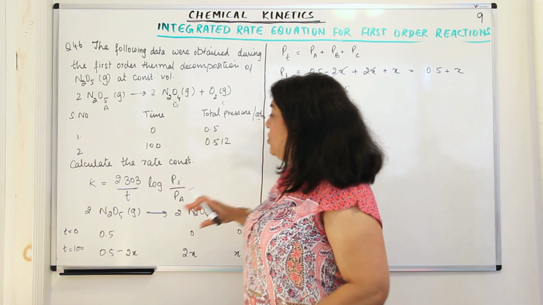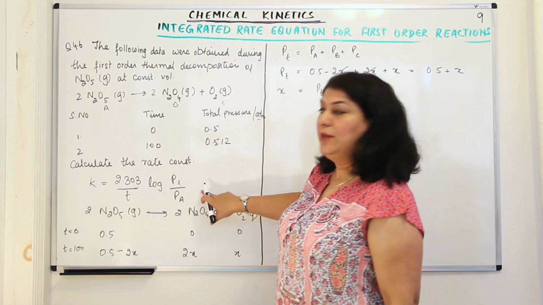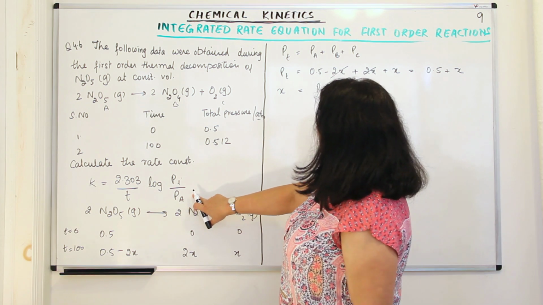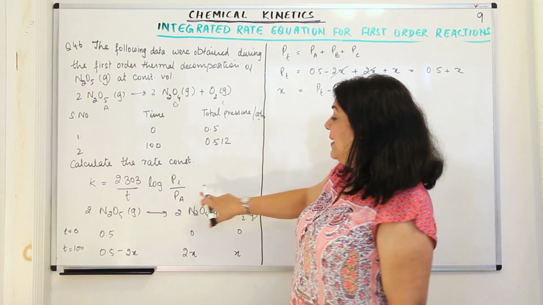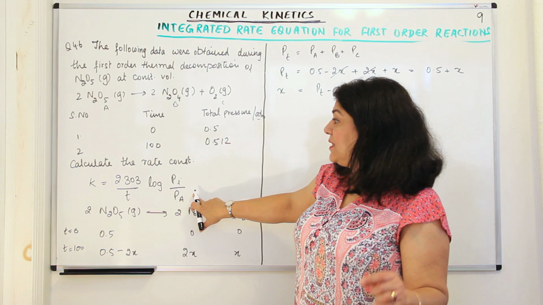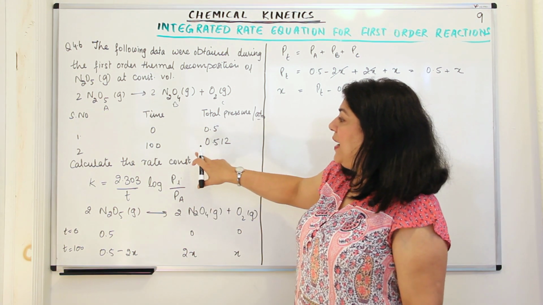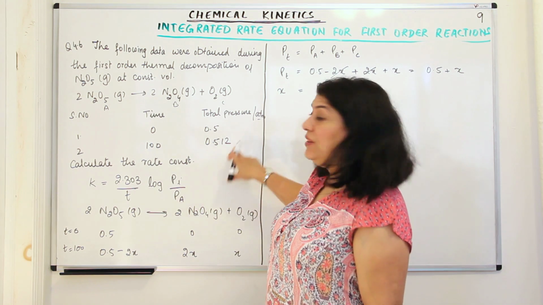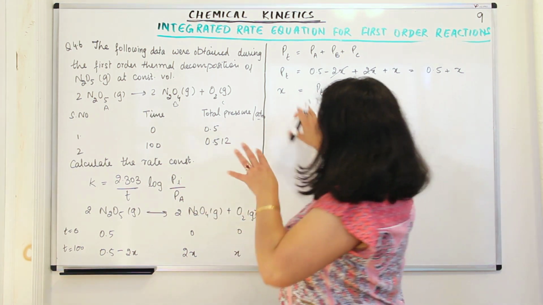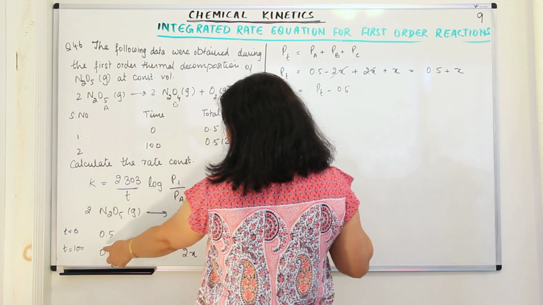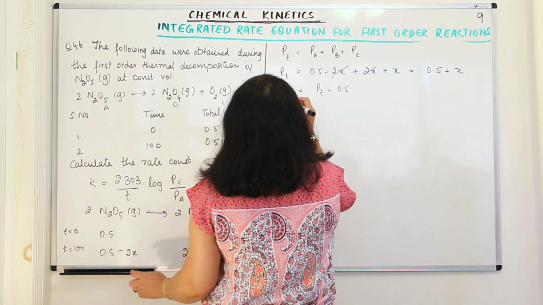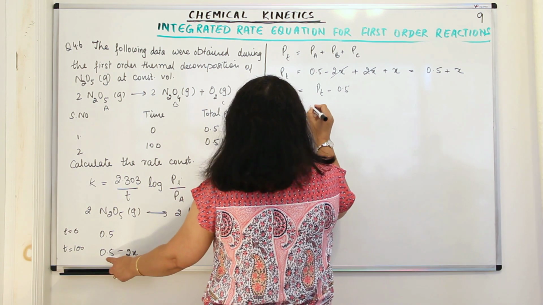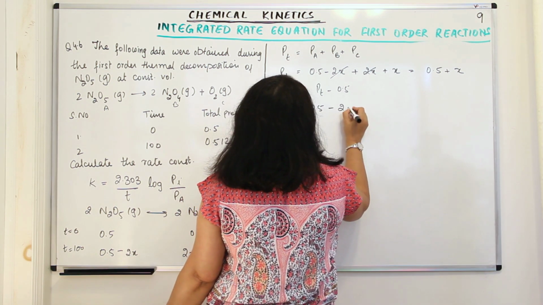Now, in order to substitute this value in this equation, we need to find out the value of PA, right? And the value of PA at time t, that is the partial pressure of N2O5 at time t, and we've been given the total pressure. But using this, let us say what is the partial pressure of N2O5? The partial pressure PA at time t is equal to 0.5 minus 2x.